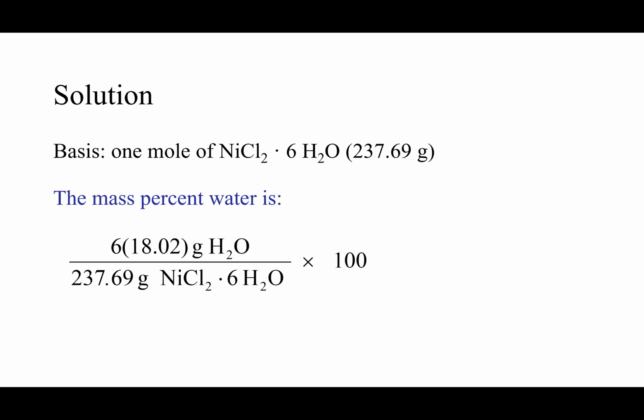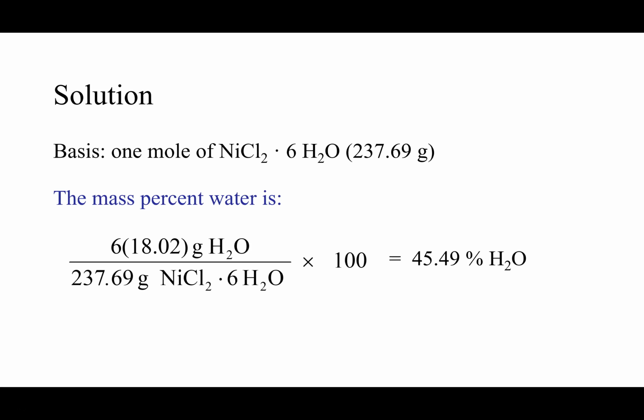We take the mass of the component of interest, which is water, so 6 times 18.02 grams of H2O, and we divide by the mass of the total mixture, which in this case is the hydrated salt, 237.69 grams of the NiCl2.6H2O. So that's giving us weight percent of water. Okay, so you're looking at 45.49% H2O.